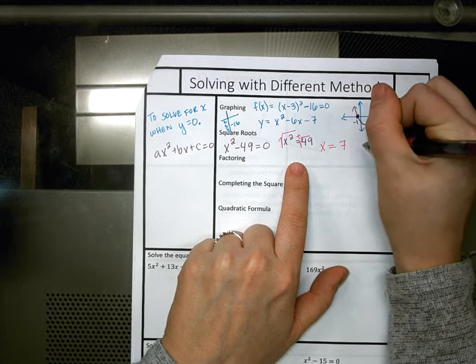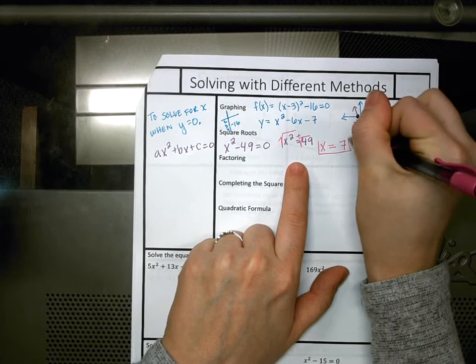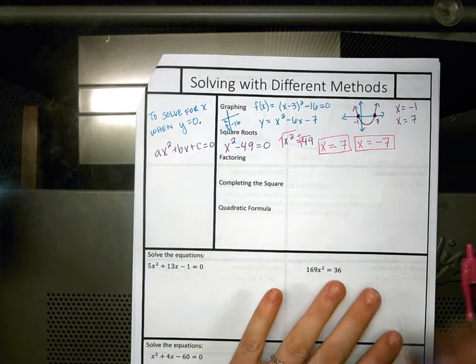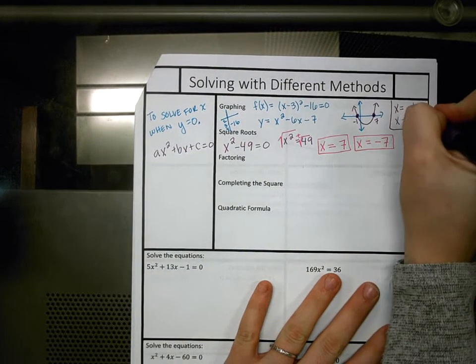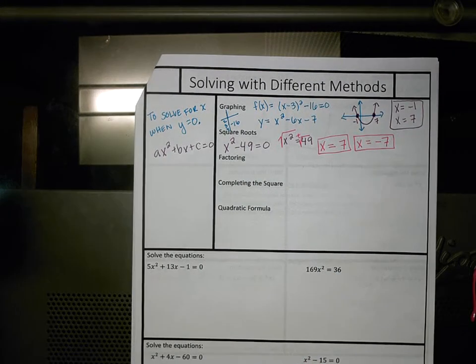I'm going to write that as positive 7 and negative 7. Okay, so just like above, I got 2 different answers. It was a different problem, so they will give me 2 different x values. I could get 2 real solutions, 1 real solution, or I could also get imaginary solutions.